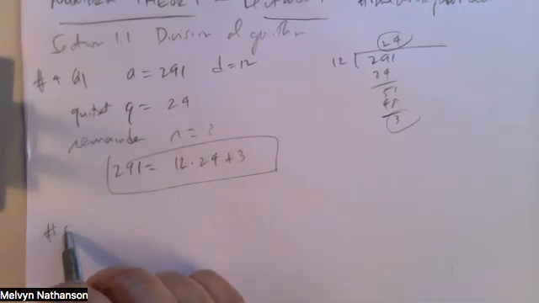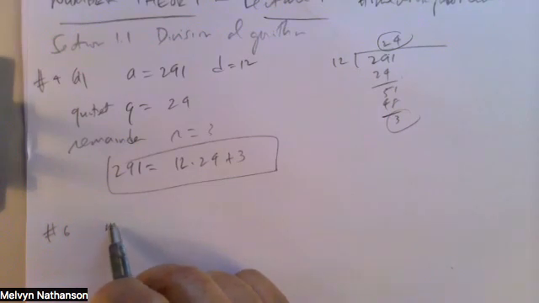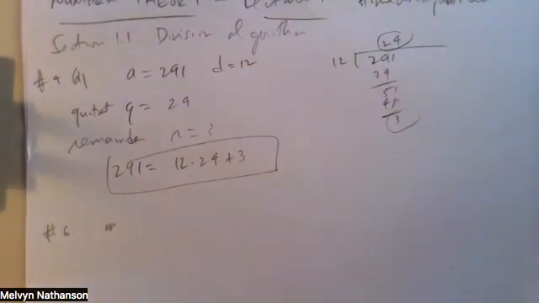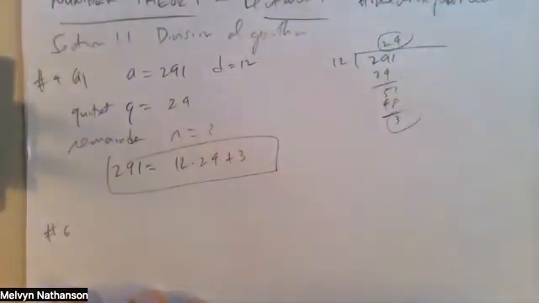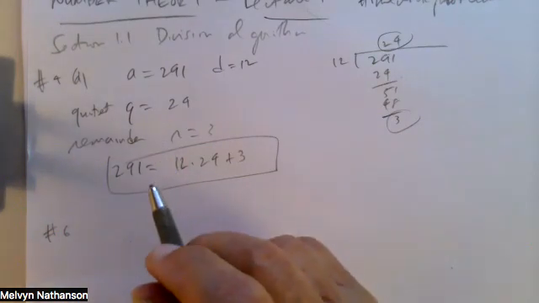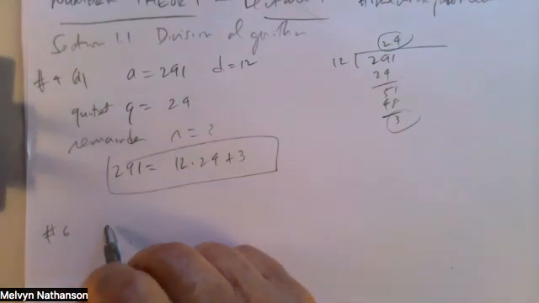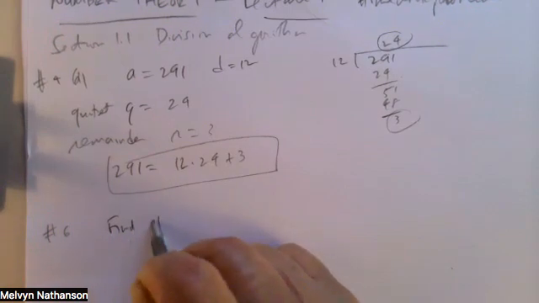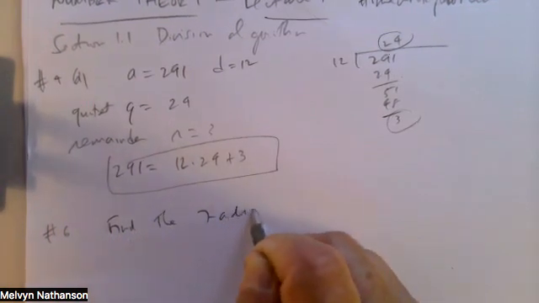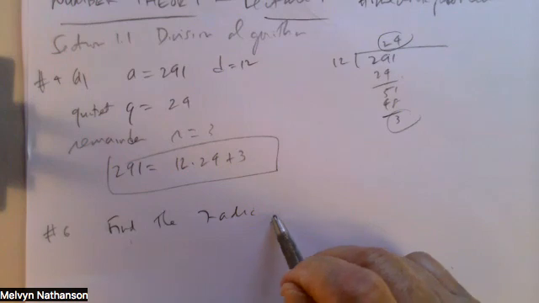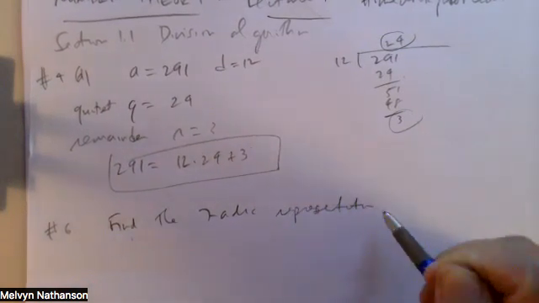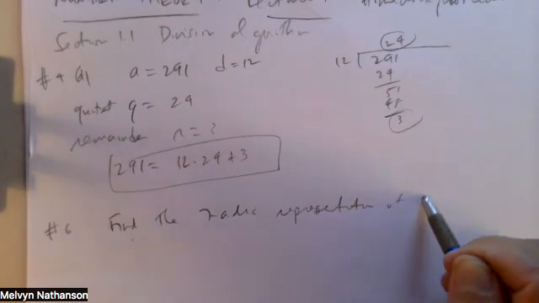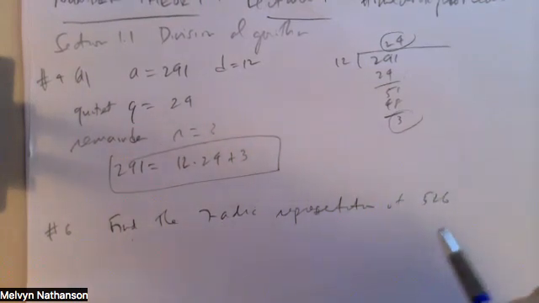In number 6, we have the number 526, and we want to write the M-adic representation for different values of M. So for example, find the 7-adic representation of 526.